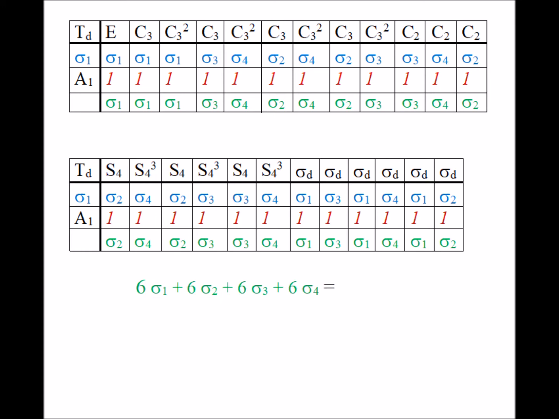We take all of the terms in the third row, the green terms, and we add them all together. We notice that they total to 6 sigma 1 plus 6 sigma 2 plus 6 sigma 3 plus 6 sigma 4.